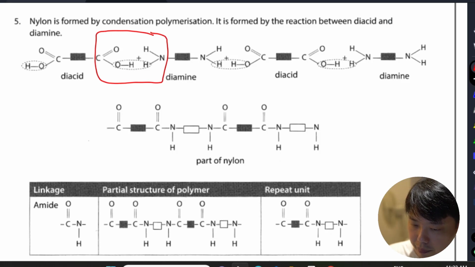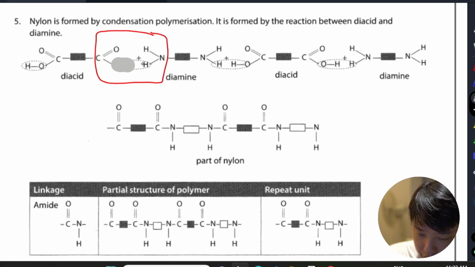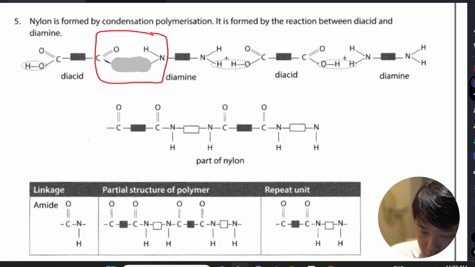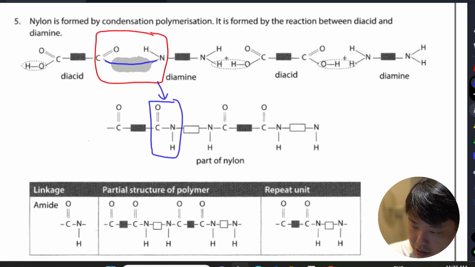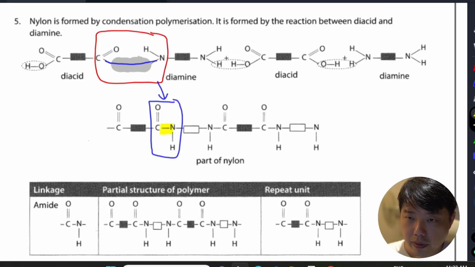So same thing, we just take out water, the OH from the acid and the H from the amine, and then we form this new bond directly from the C to the N. Here you can see that this will form the amide linkage. This will be the new C-N covalent bond.